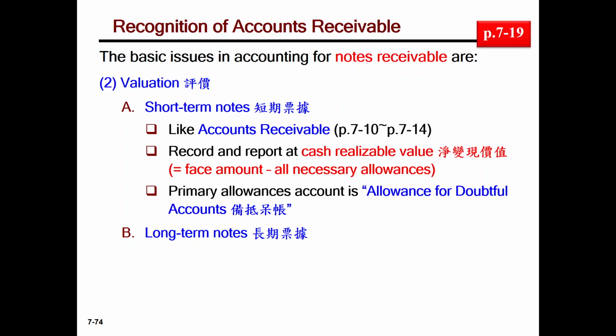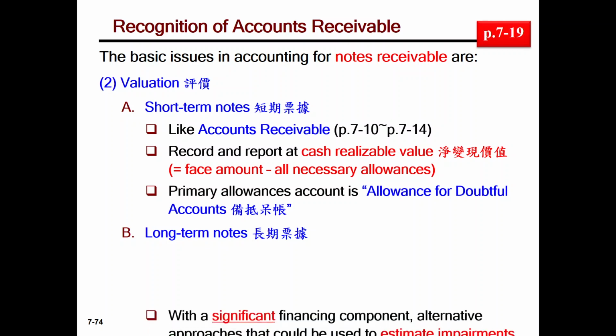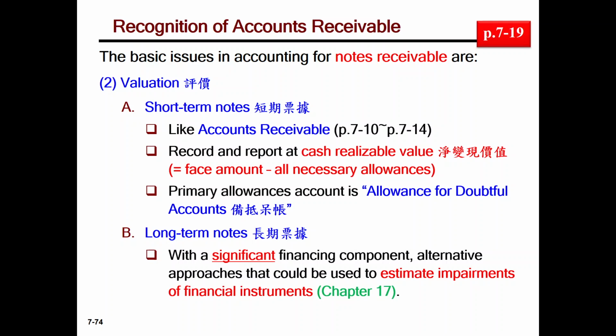But for long term, it is different. Why? Because we have to consider time value of money. So we will have different methods to consider the part without future economic benefit. But still we want to achieve the same purpose: for assets without future economic benefits, we don't want to record them as assets.